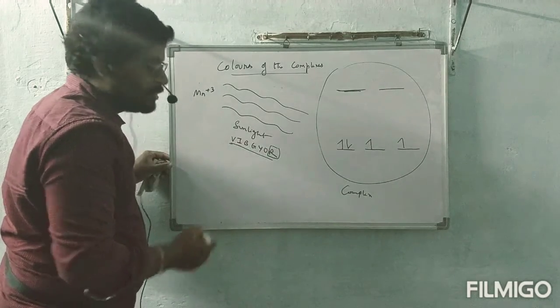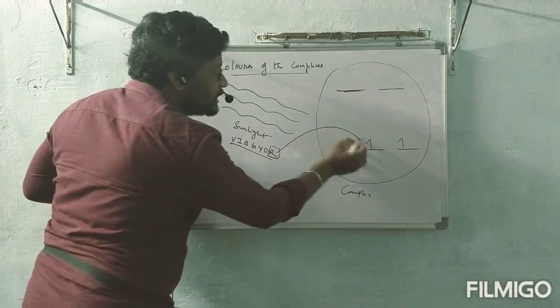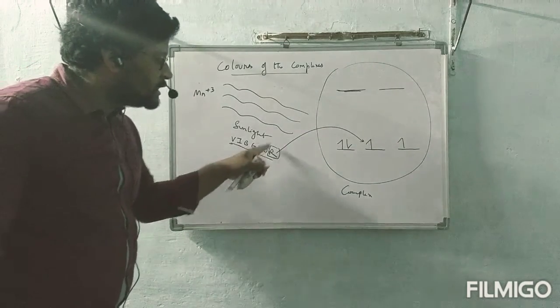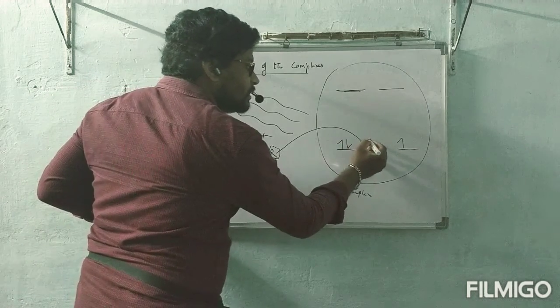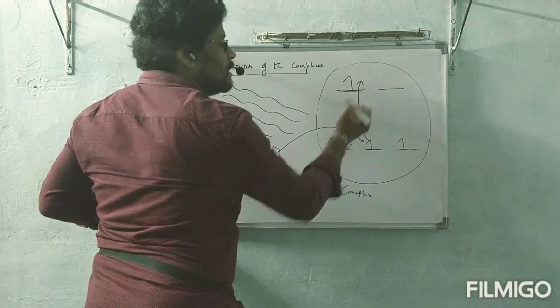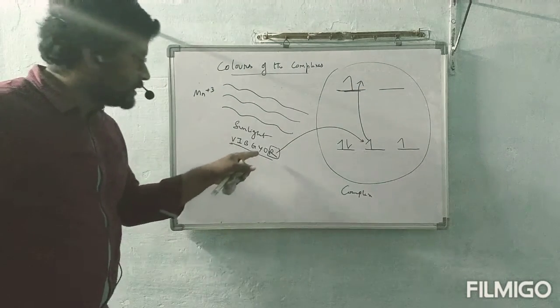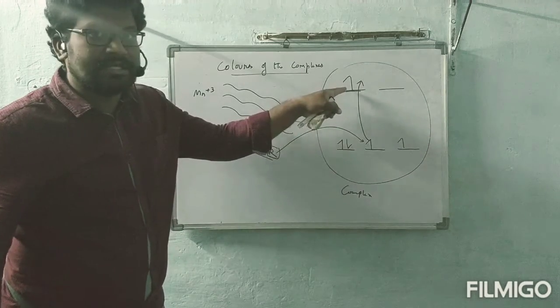Then what will happen? Out of VIBGYOR, red color is absorbed by the electron. Then this electron is excited to the high energy state.